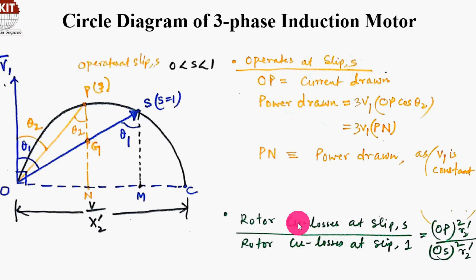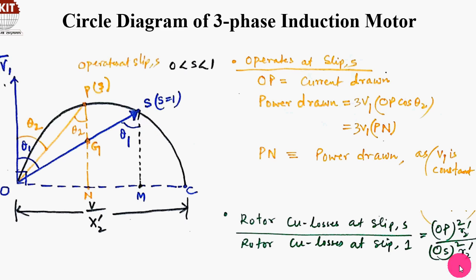Now what about the rotor copper losses? The rotor copper losses at any general slip, that is at this point, upon the rotor copper losses at slip 1, which is at standstill condition, will be given by this magnitude OP square times R2 dash, that is I square R, upon, at standstill condition, this length OS square, because this is the magnitude of current, multiplied by R2 dash.